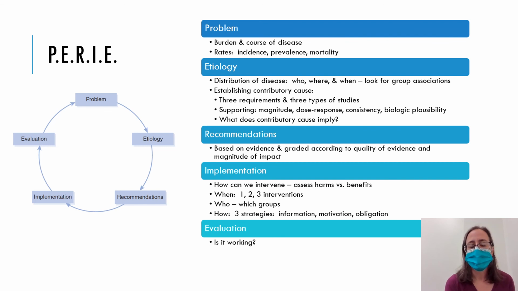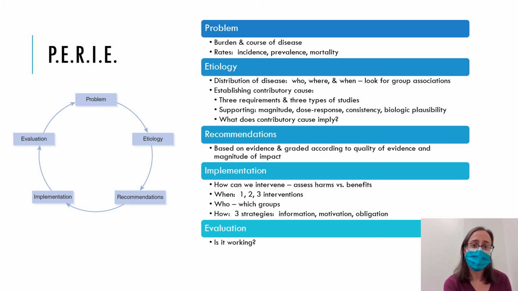Then for our recommendations, it's got to be based on evidence, right? We have to have some evidence and studies that show it's likely to work, and we're going to grade them according to the quality of that evidence and the magnitude of the potential net benefit. In terms of implementation, right, we want to also assess the harms versus the benefits.